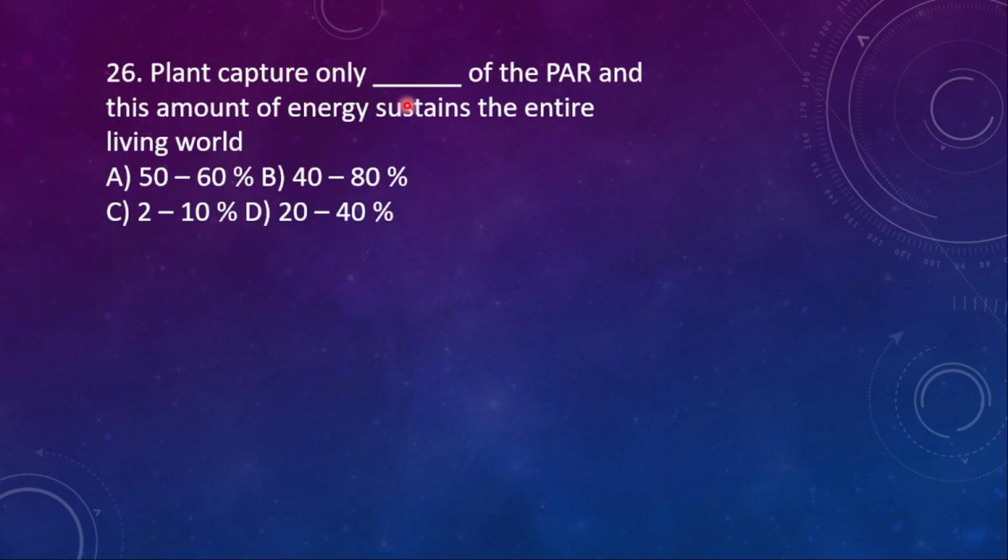Plants capture only dash percent of PAR, and this amount of energy sustains the entire living world. 50 to 60, 40 to 80, 2 to 10, 20 to 40 percent. Here the right option is only 2 to 10% of PAR.